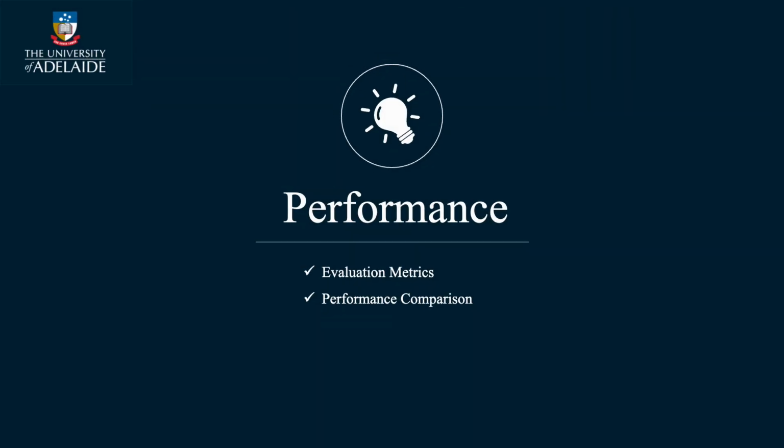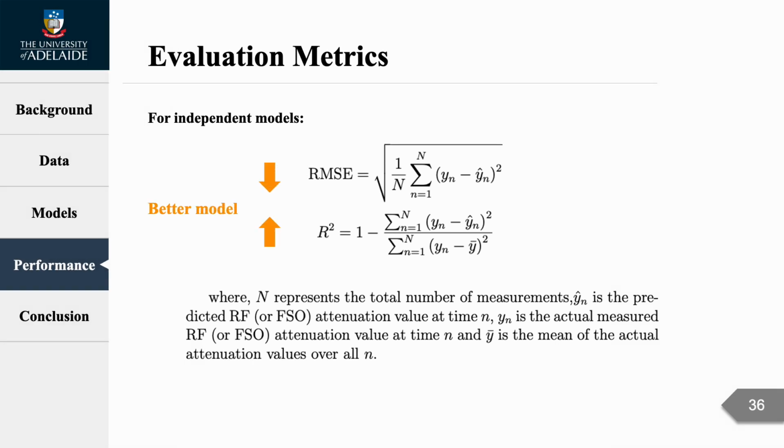Alright, after all the hard work building our models, let's check out how they actually perform. These are the metrics I use to evaluate my independent models. I will not go into the math in detail, but if you are interested, feel free to check out the formulas.